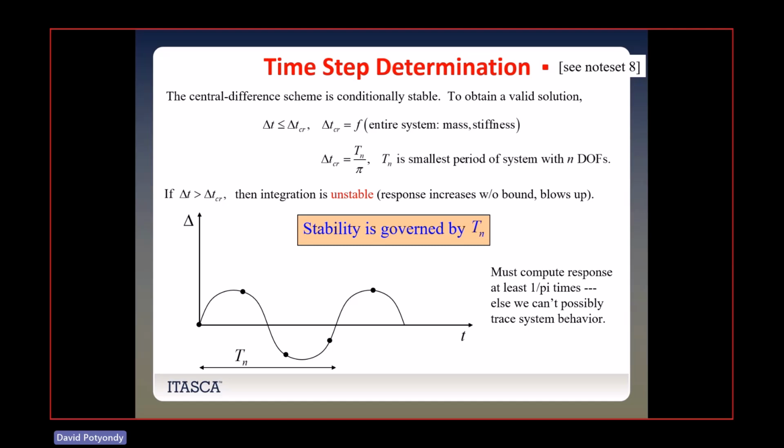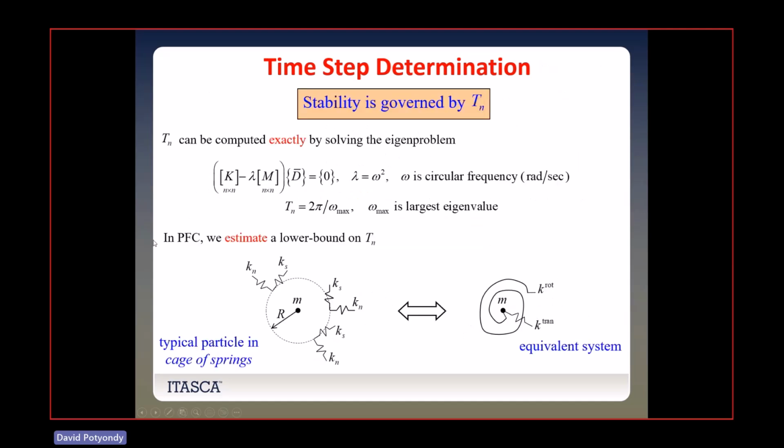And the way that you compute the highest frequency in a system of masses and springs is by solving an eigenvalue problem. This is the mass matrix. This is the stiffness matrix, blah, blah, blah. So to exactly compute the critical time step for a system of masses and springs, you actually have to form the global stiffness matrix and the global mass matrix and find the largest eigenvalue.